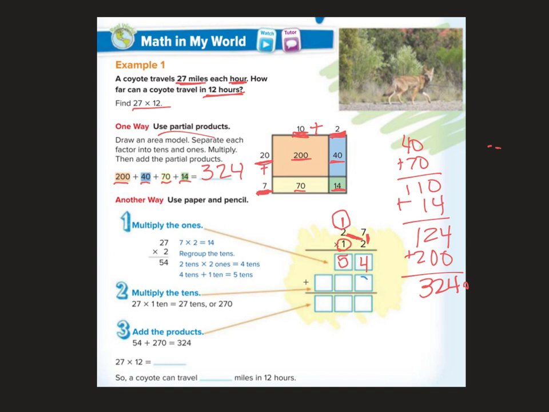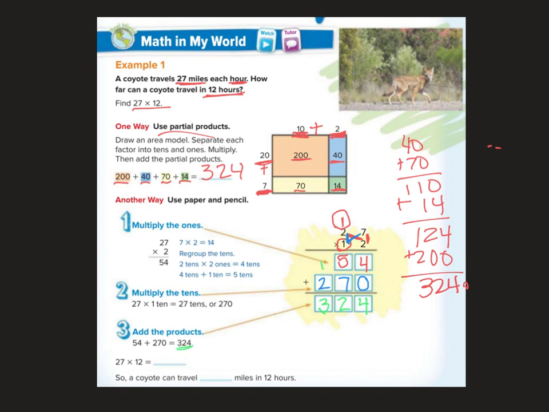So that 0 is going to come down right here. Now I can just do 1 times 7 is 7. 1 times 2 is 2. And add 4 plus 0 is 4. 5 plus 7 is 12, and 1 plus 2 is 3. 324. Look at that. We got 324 for both of them.